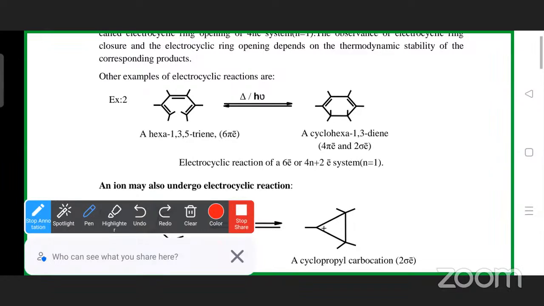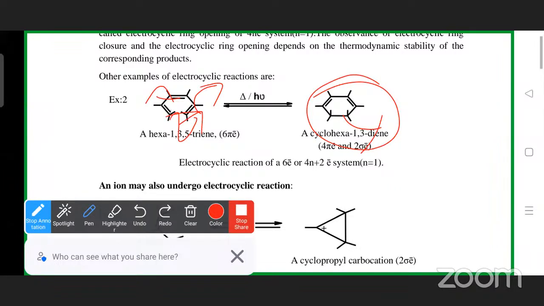In the previous case only 2 pi bonds are there and we get cyclobutene, but here, in the conjugated system, sequential migration of the pi bond takes place. This bond shifts here, this bond shifts here, and this pi bond closes the ring. So we get the product cyclohexa-1,3-diene, where by consuming one pi bond we get one sigma bond.